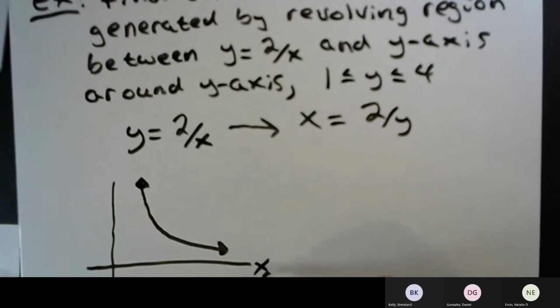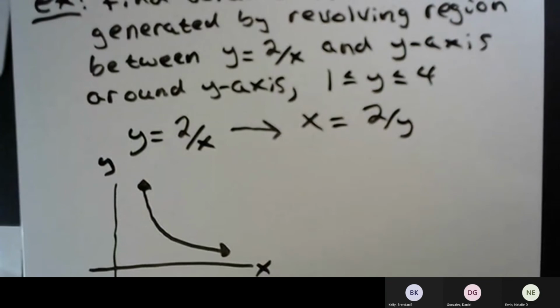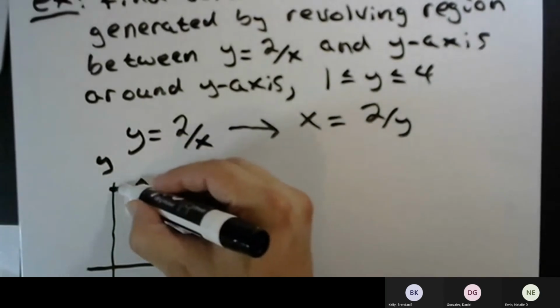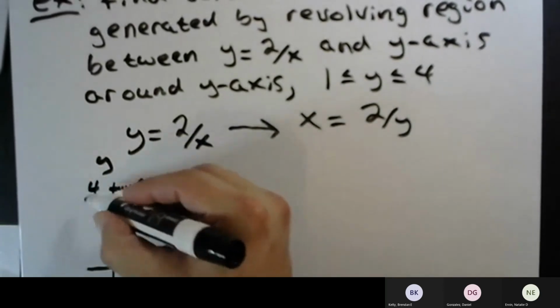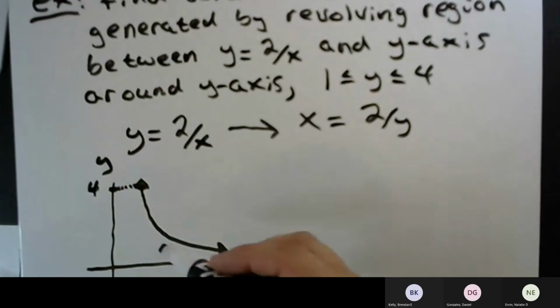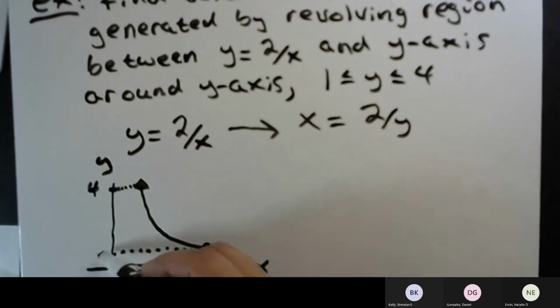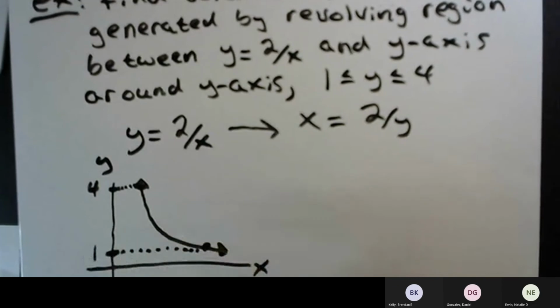So again, this is our x-axis, this is our y-axis. I'm keeping this orientation, but if you want to flip things around, you can. The difference here, so let's say we have y is 4, and y is 1.